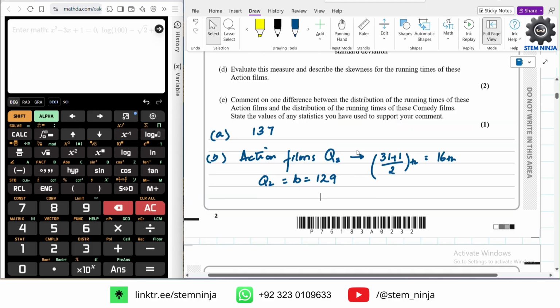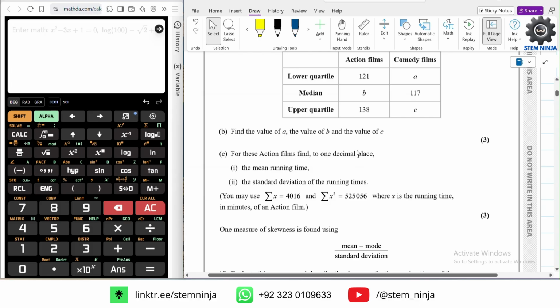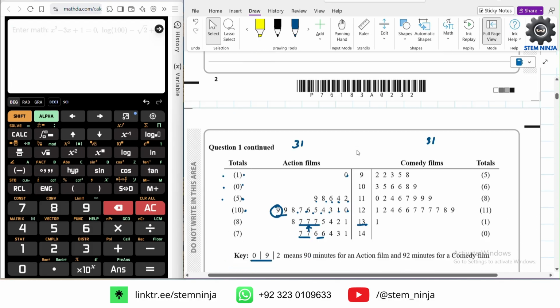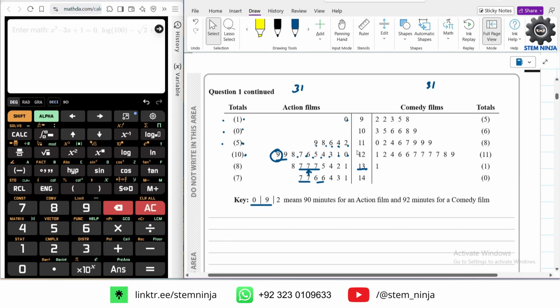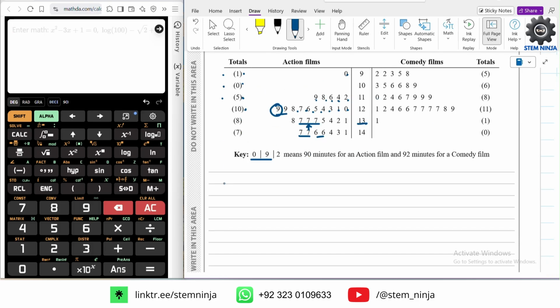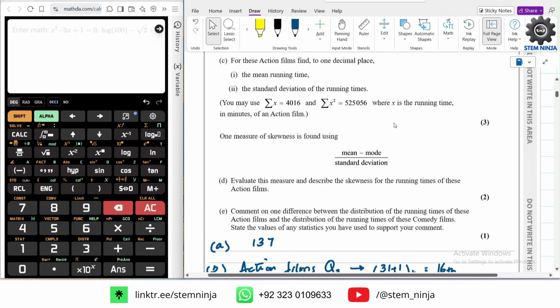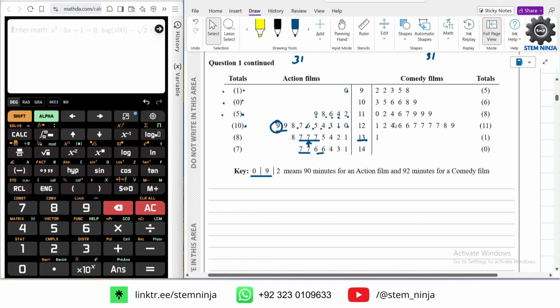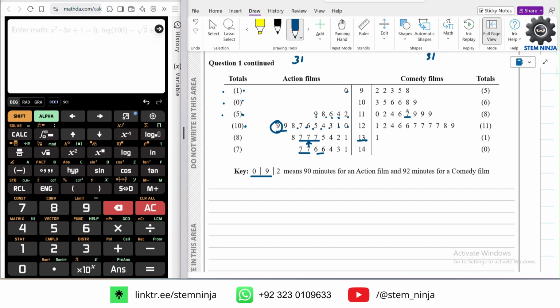Then we have the lower and the upper quartile of comedy films that we need to figure out. First we need to figure out what the Q2 is. They give us 117, so this is our Q2. Now we're going to be splitting 15 backwards and 15 after.